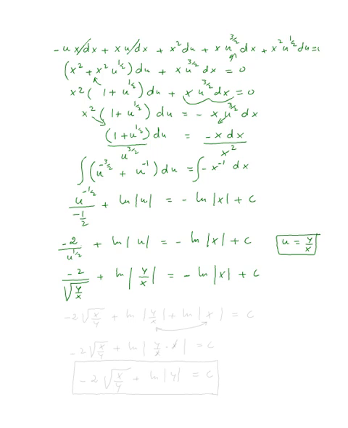So how can I go further? This is the same thing as minus 2 square root of x over y plus ln of y over x plus ln of x is equal to some constant. I mean, you can add these two if you want, so that would be minus 2 square root of x over y plus ln.